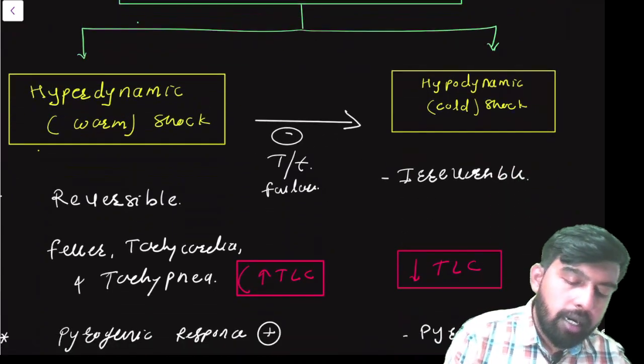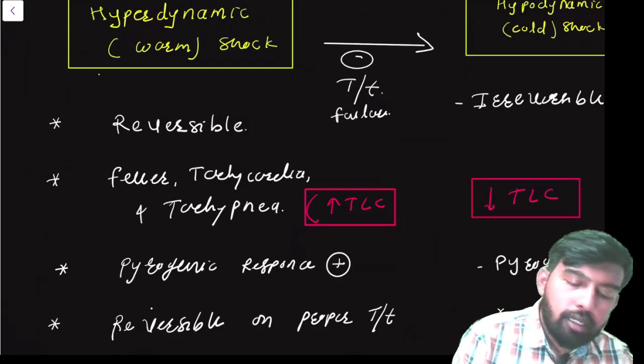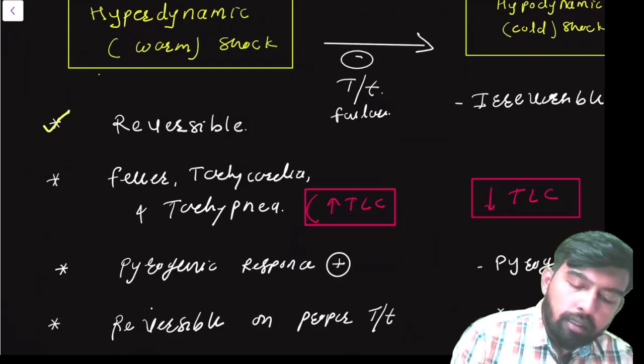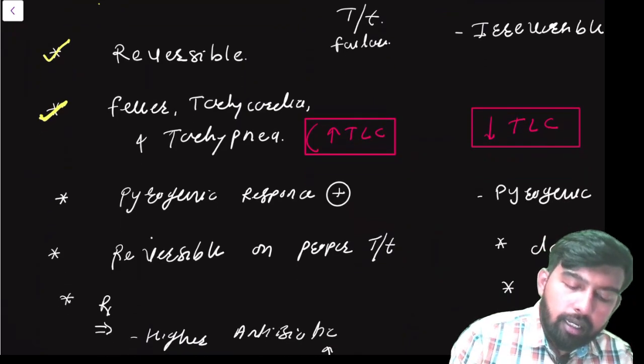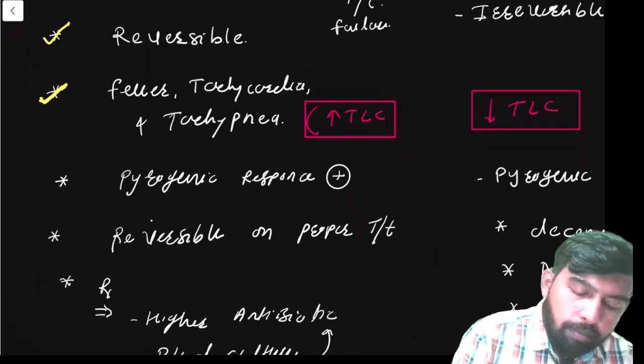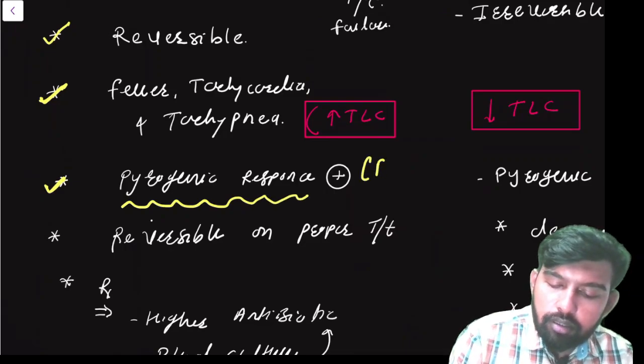So in case of hyperdynamic or warm shock, it is the initial stage which is reversible. It is characterized by the presence of fever, tachycardia, tachypnea, and there is a pyrogenic response, that is, fever is there.